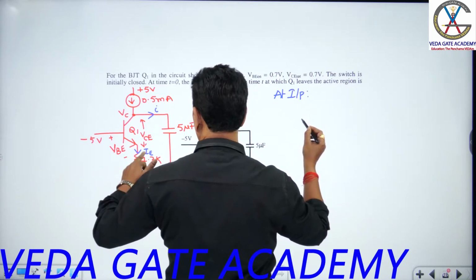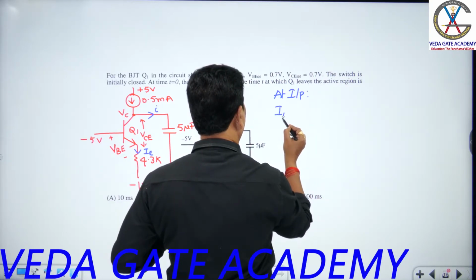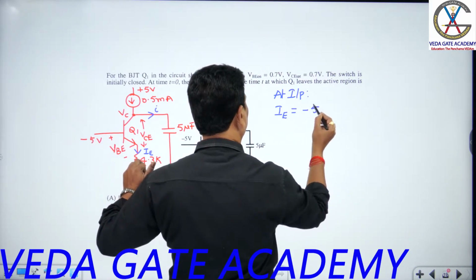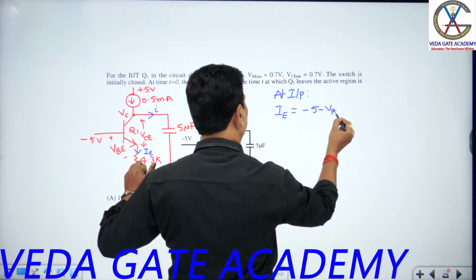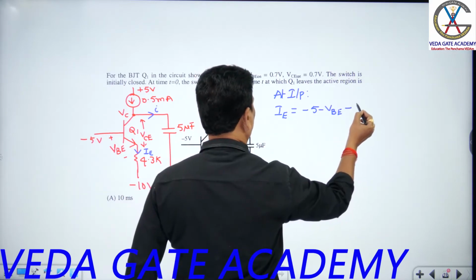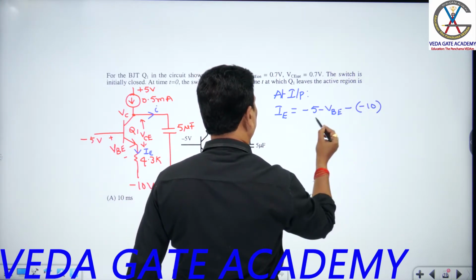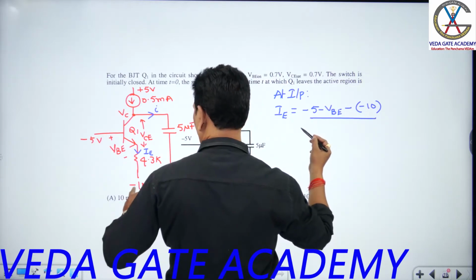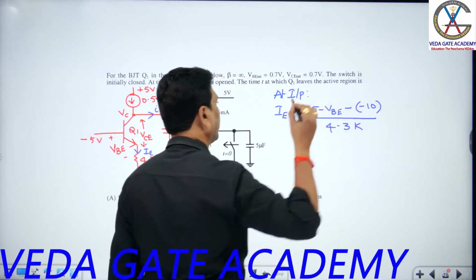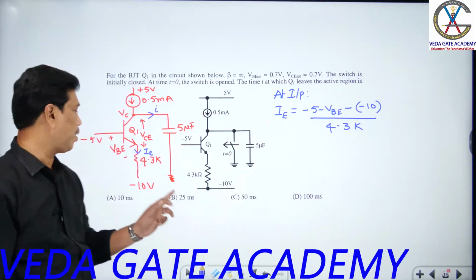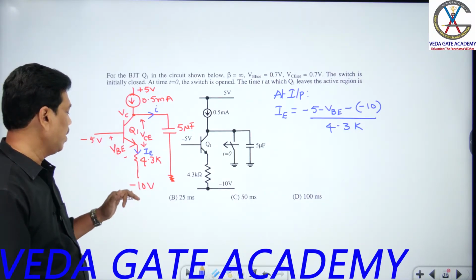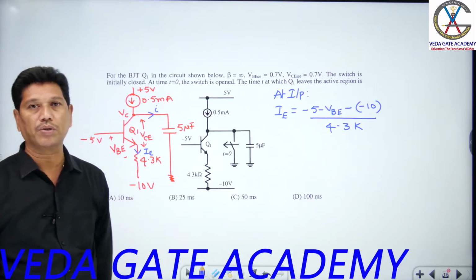I need to calculate IE from this input loop. IE equals minus 5 minus VBE minus of minus 10, divided by 4.3K.